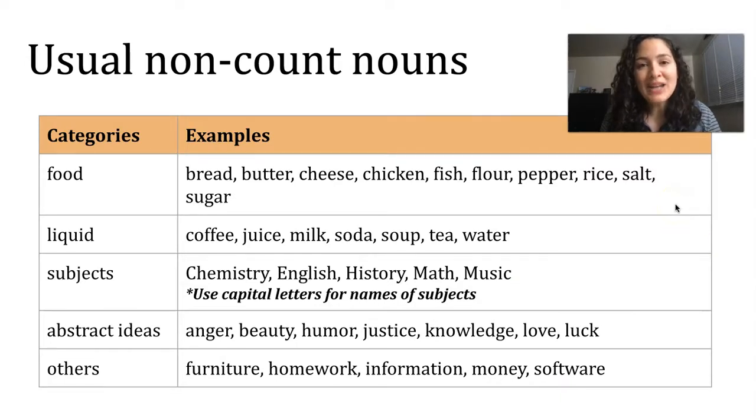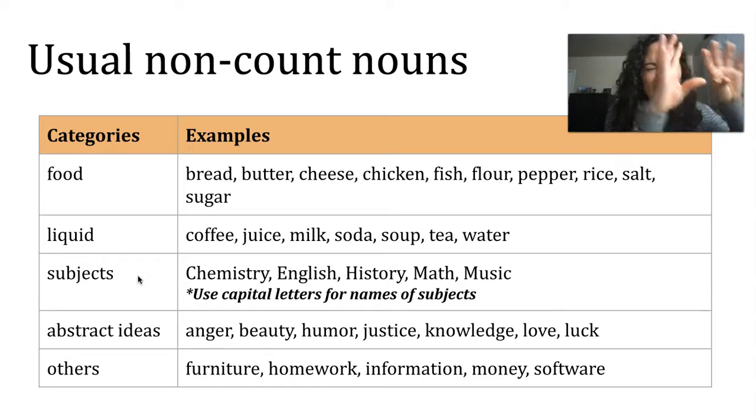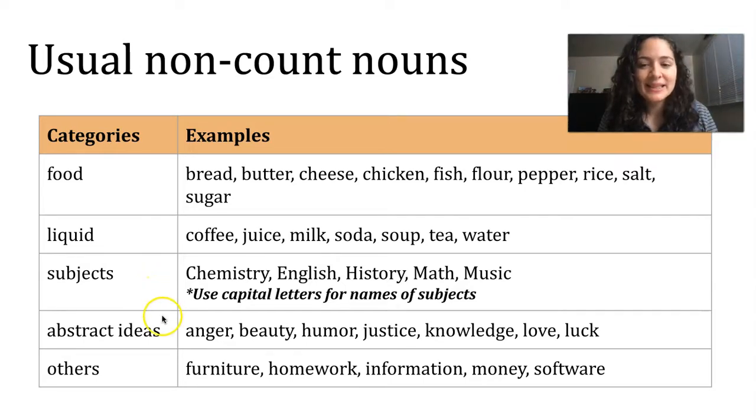We have many non-count nouns in food, in liquids, subjects, abstract ideas, ideas that we cannot touch, hard to understand ideas, and others like furniture, homework, information, money. These are some examples of non-count nouns.